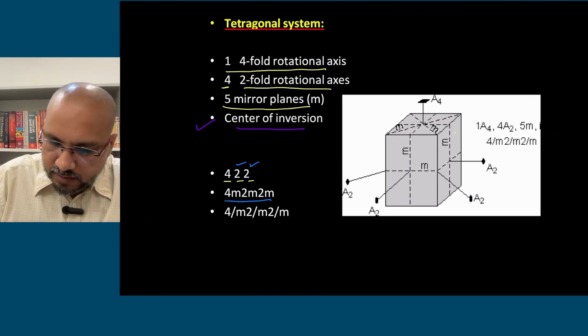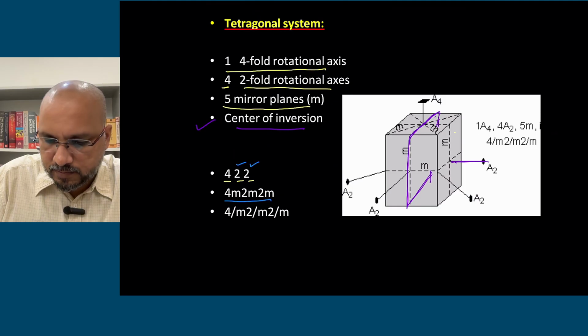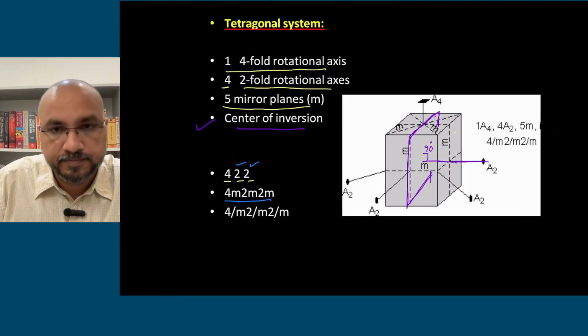Now for this two-fold rotation axis, this vertical mirror plane is perpendicular to this one, going through its center, so this makes 90 degrees, right?